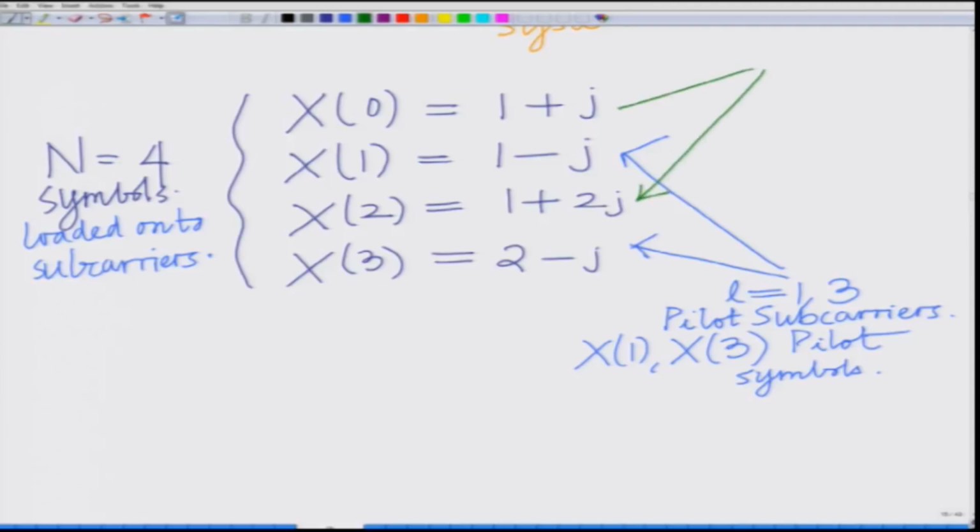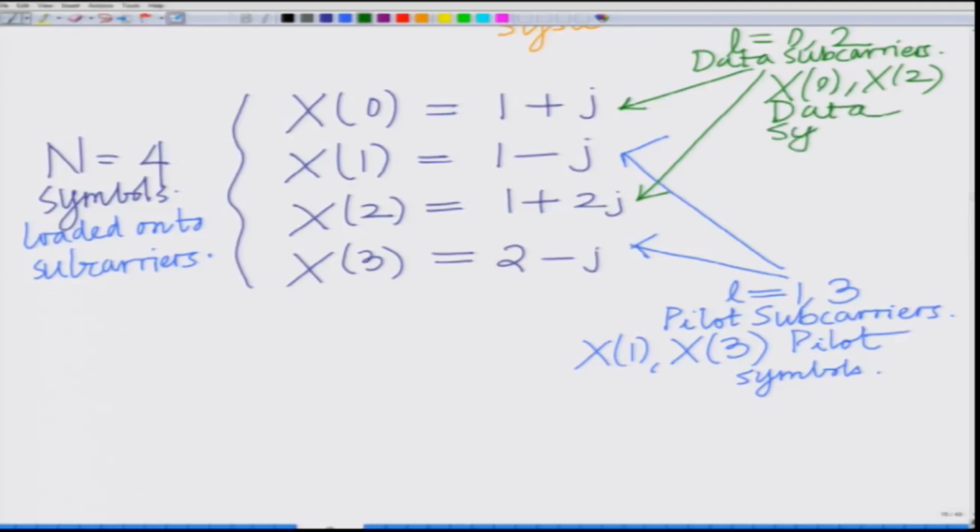and X2, that is corresponding to L equal to 0, 2, these are my data subcarriers, alright, X0, X2 are the data symbols, X0, X2 are basically the corresponding data symbols loaded onto the data subcarriers.